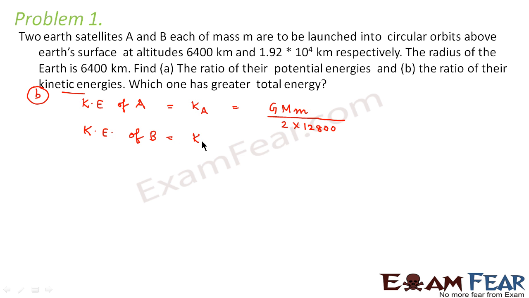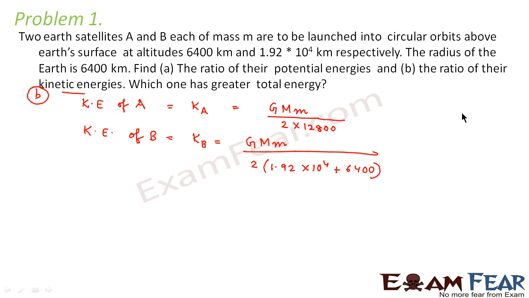Let us denote that by KB. So even this would become capital G into M into small m divided by 2 into 1.92 into 10 to the power 4 plus 6400. So the same rule applies here also. Here you can see that this R, what is this R? This is the radius of the Earth plus the distance of the satellite.